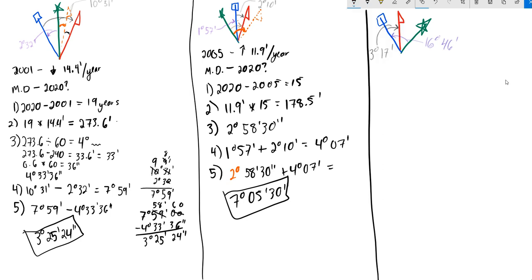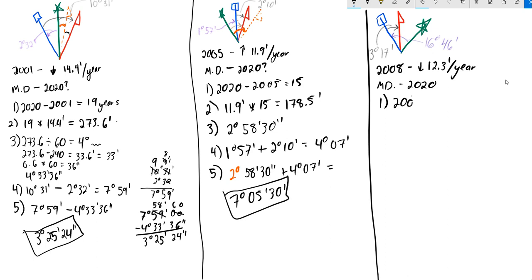So this was originally done in 2008. And we found out that it is decreasing by 12.3 minutes per year. And then we're trying to figure out the magnetic declination for 2020.